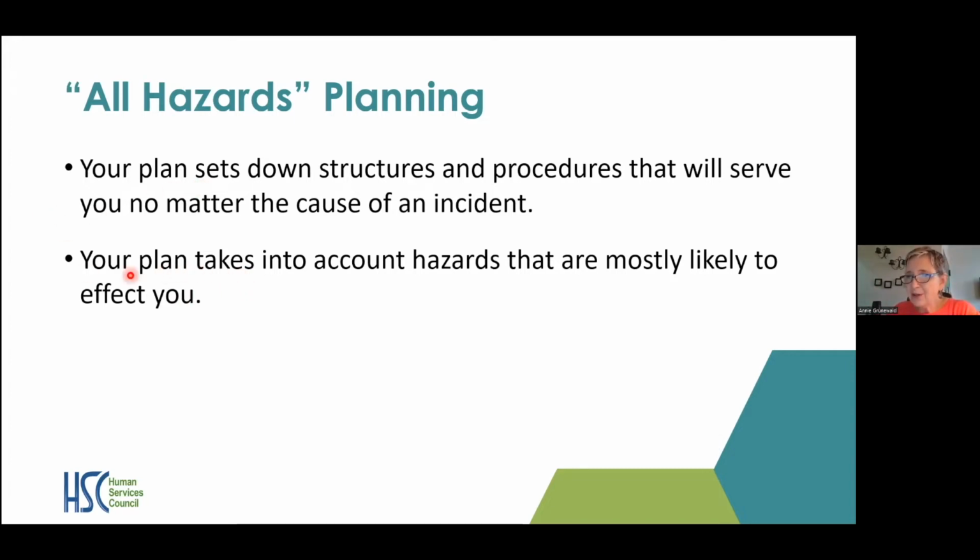But also your plan has to take into account particular hazards. Why? Because they have unique characteristics that require a tailored approach. For instance, we're going to be talking about tornadoes a bit, but for tornadoes, you need to know the difference between a watch and a warning. And you need to know what specifically to do if there is a hurricane.